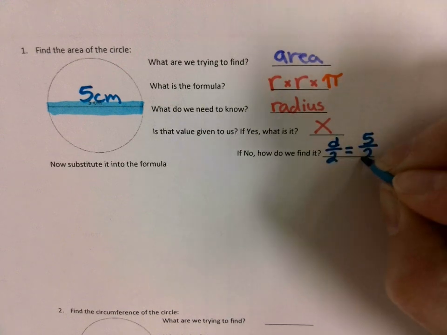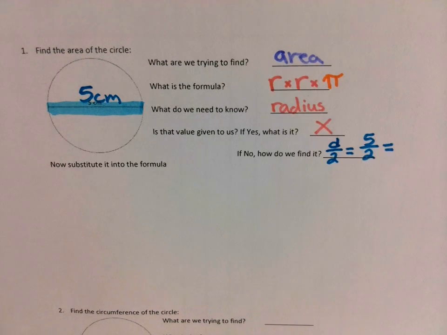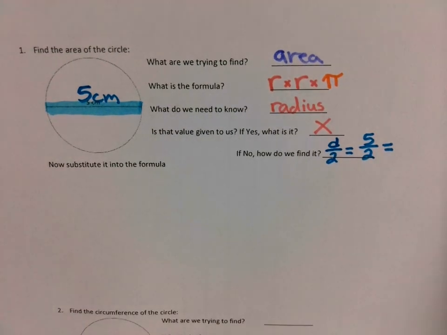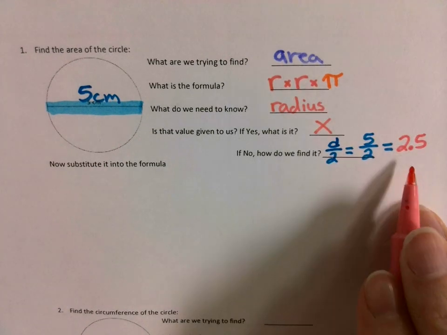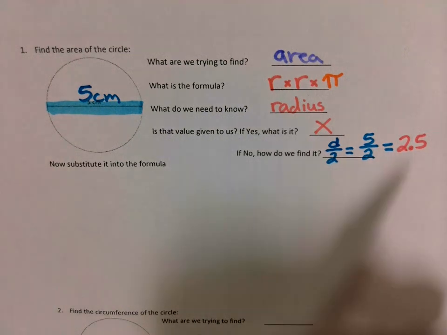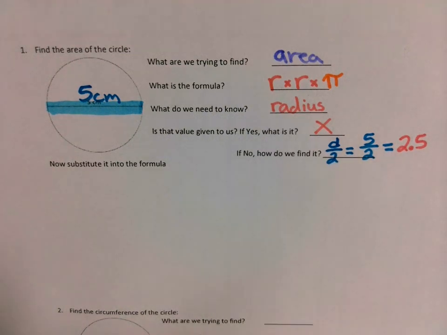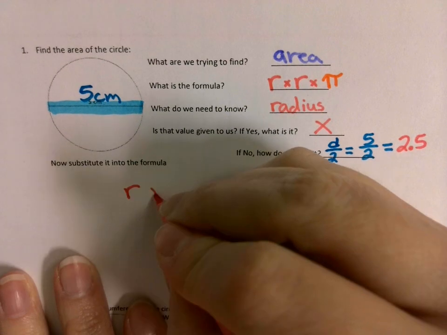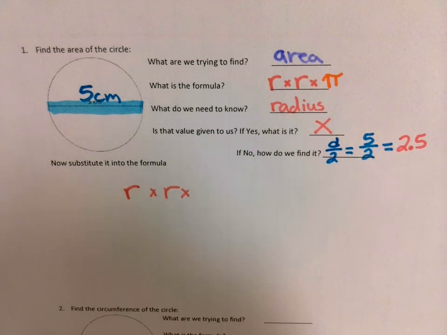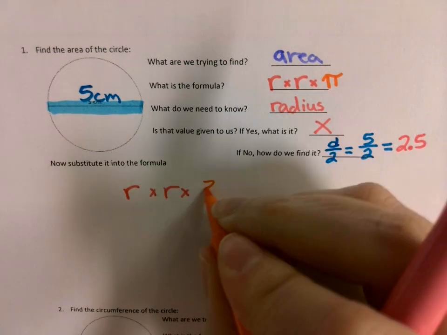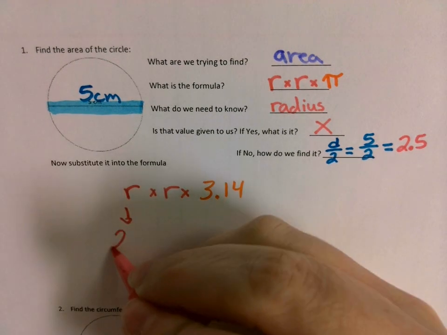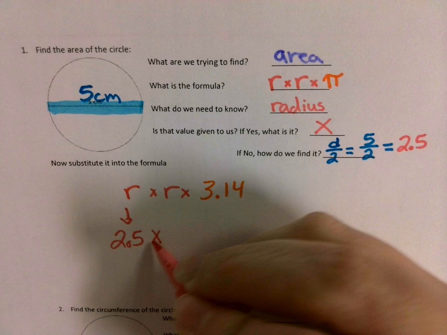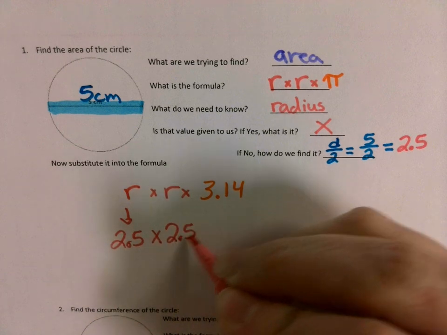What is 5 divided by 2, guys? What's half of 5? 2.5. So the radius is equal to 2.5. Now I can take that information and plug it into the formula. The formula was radius times radius times pi. So instead, we're going to do 2.5 times 2.5 times 3.14.